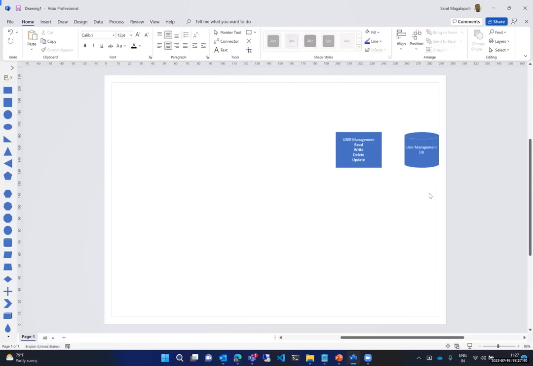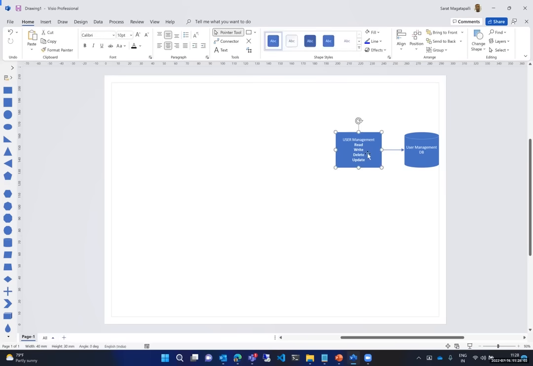Fine, so far good? Let's say team A is working on user management. These are the system APIs or low-level building blocks, implemented using RESTful web services, and talking to a database. This is how I am designing it.